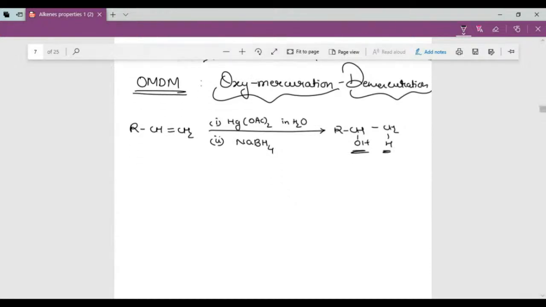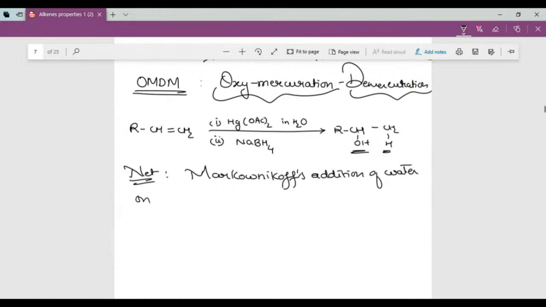Okay, in short, in net, I can say it is Markovnikov addition of water on alkenes without rearrangement.